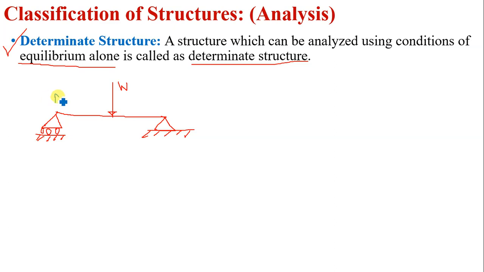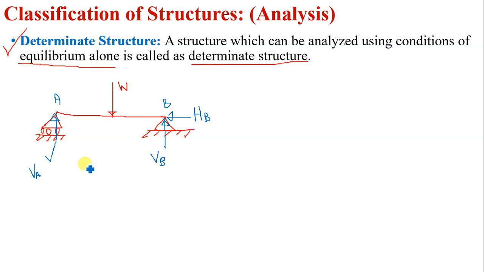This is support A, this is support B, and this is the reaction at A. Let us name this reaction VA. And this is the hinge support, so there will be two reactions, VB and HB. This procedure we are following in engineering mechanics or mechanics of solids.